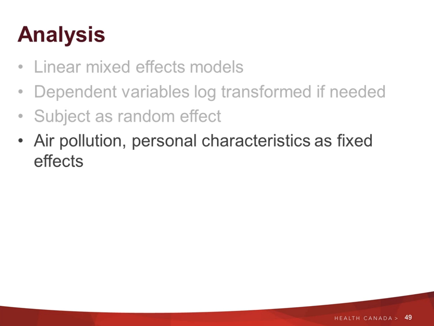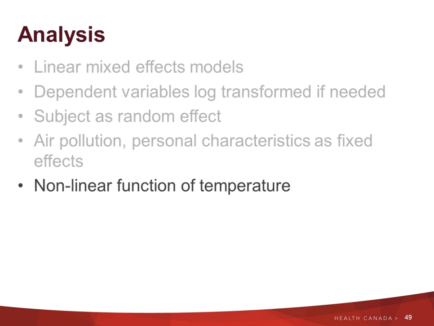Air pollution and personal characteristics were treated as fixed effects, and we used a non-linear function of temperature to adjust for effects of temperature. There's also an autoregressive term to control for serial correlation between observations.